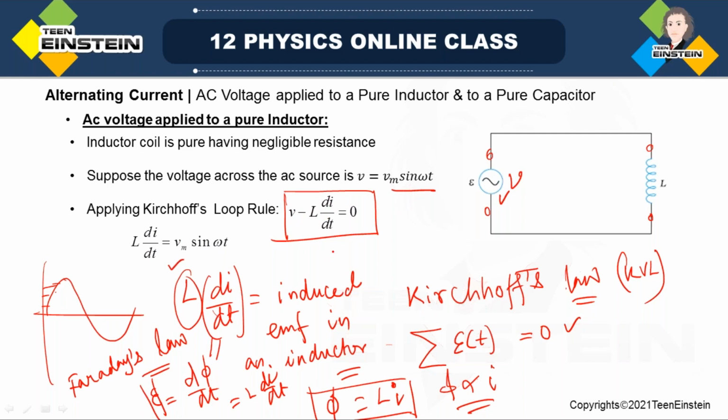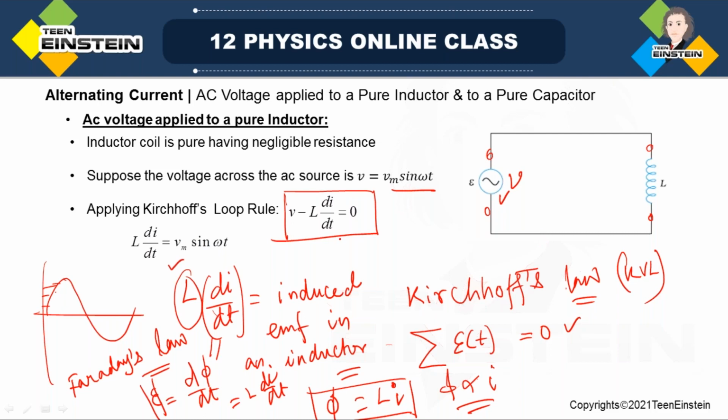That's why you can write V minus L di/dt. I hope you have understood why we have written this EMF in the inductor as L di/dt, because this is the voltage across the inductor when the current is changing in the circuit.